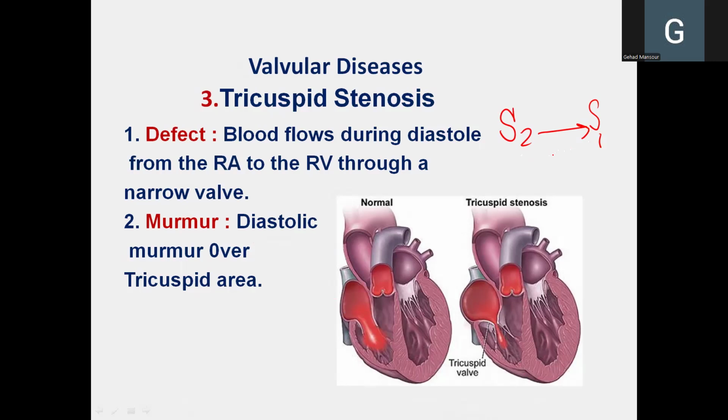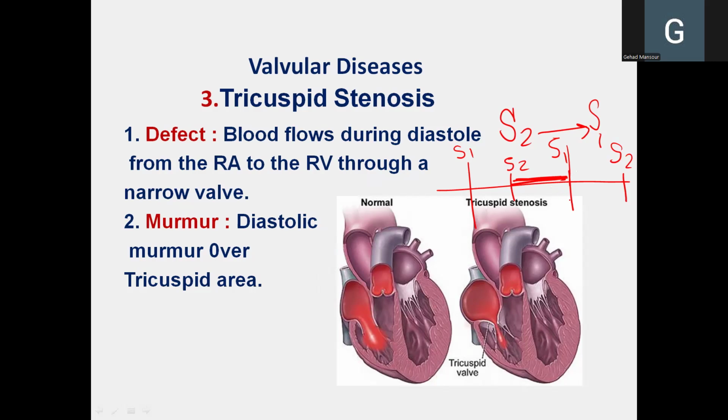The only difference between the two is the site where you will best hear the murmur. Again, when we studied mitral stenosis, we said that the murmur in mitral stenosis is a diastolic murmur, which means that it lies between S2 and the following S1. Similarly, the murmur in tricuspid stenosis is diastolic.